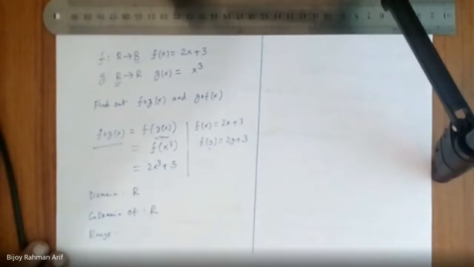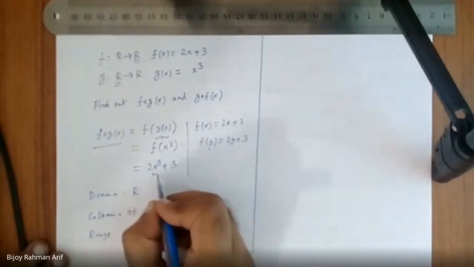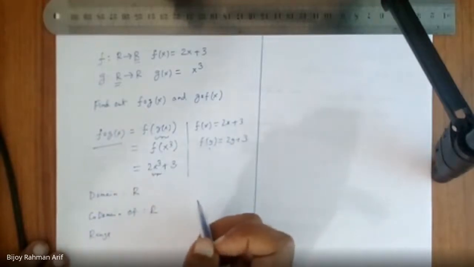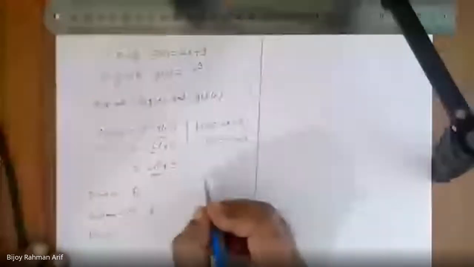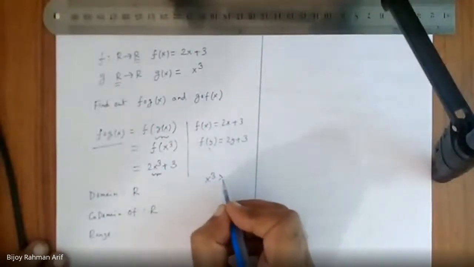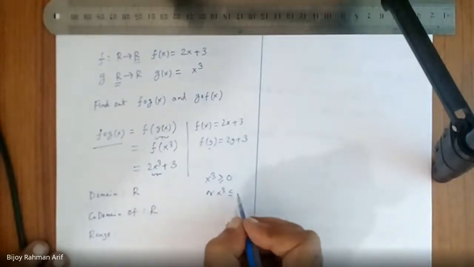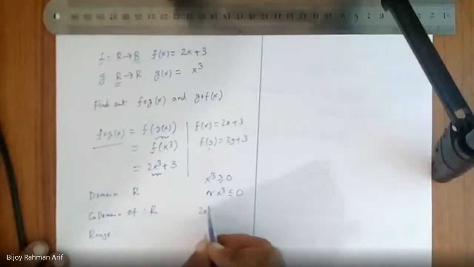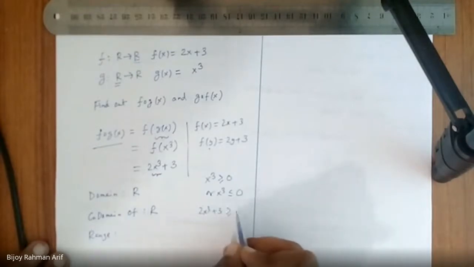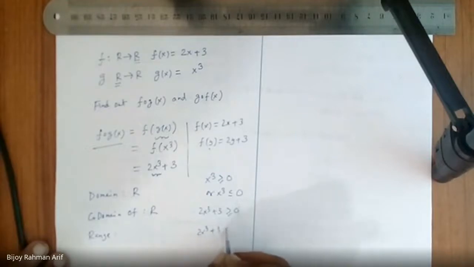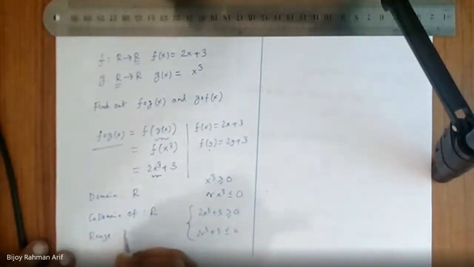Think carefully. This one might be positive or negative. So x cube might be greater or equal to 0, or x cube might be lesser or equal to 0. So 2x cube plus 3 might be greater or equal to 0, and 2x cube plus 3 might be lesser or equal to 0. So the range is also all the real numbers.